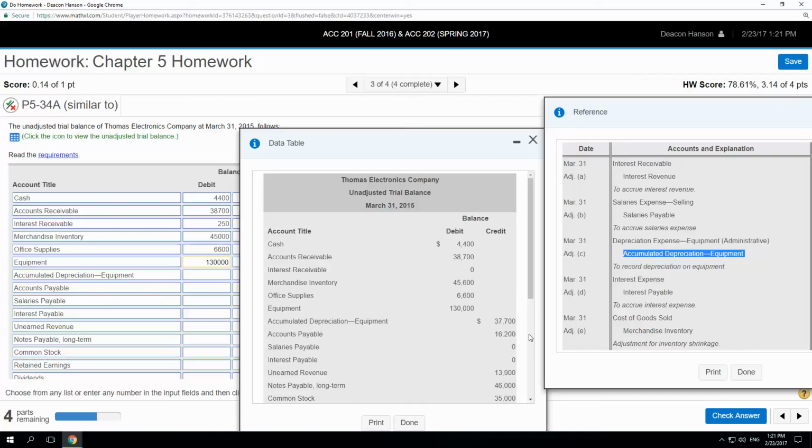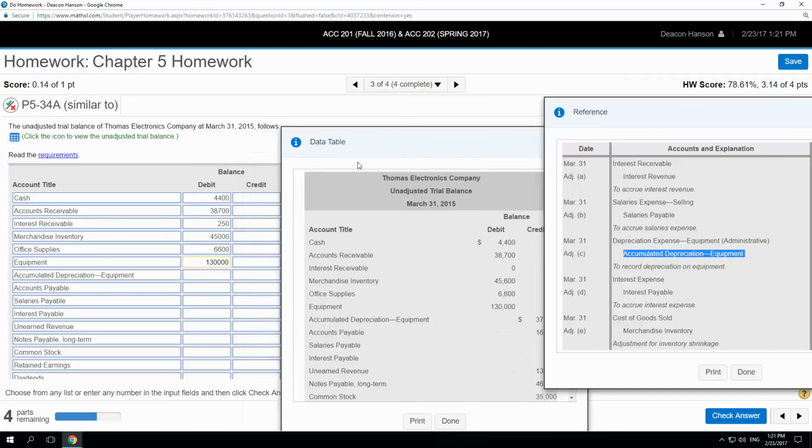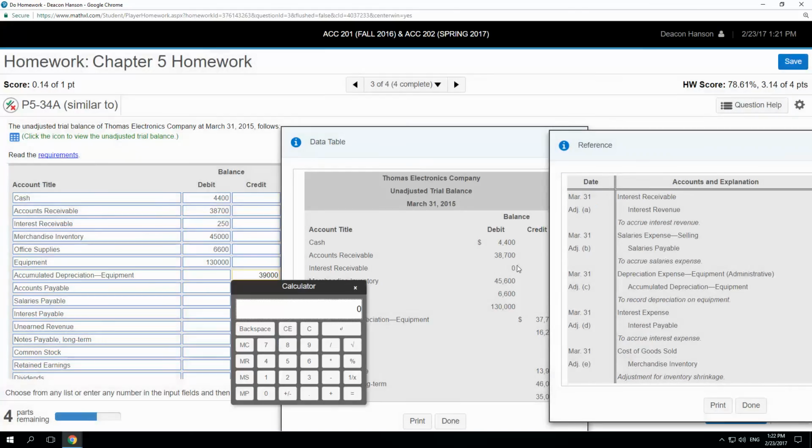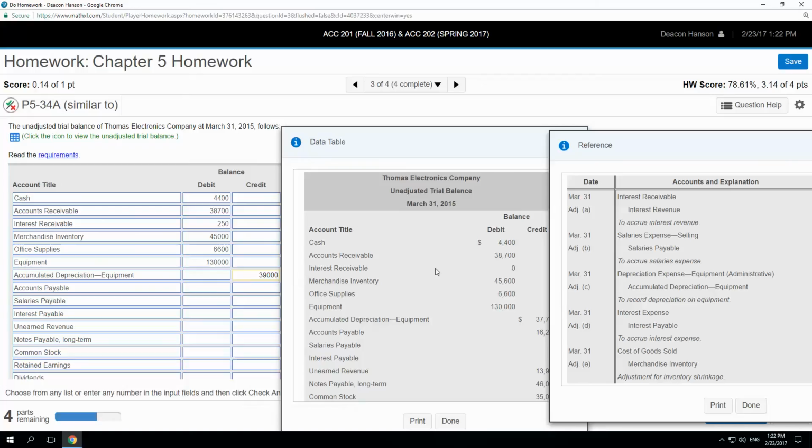So we're adding 1,300 to that. That's going to give me 39,000. Be careful, that's a credit balance. And if you want to double check, you can always use your calculator. 37,700 plus 1,300 is 39,000.